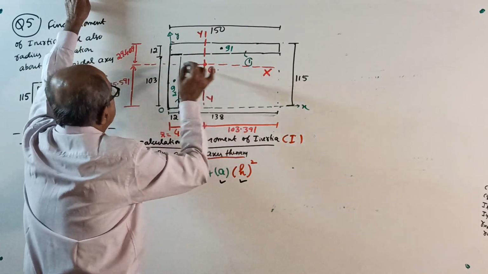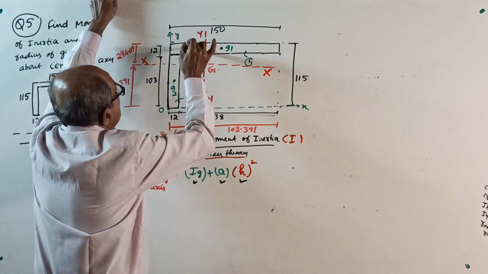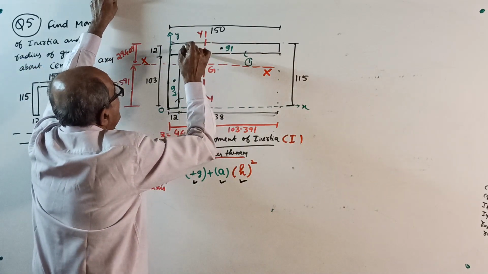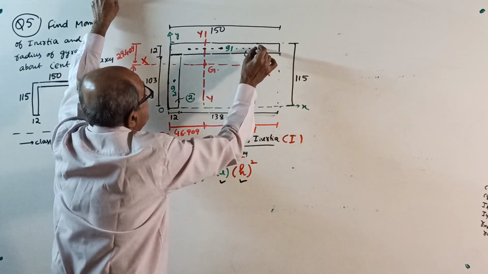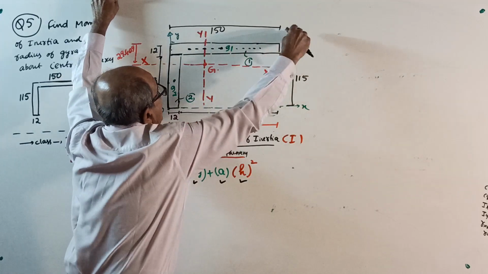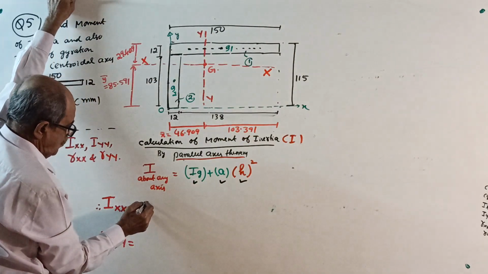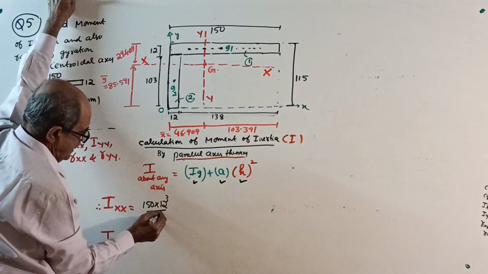This is the x-axis. First, I about, see, it is for figure number 1, its own centroidal axis, the axis passing through the centroid of the component parallel to the x-axis. Parallel side is 150, so it is 150 into 12 cube divided by 12.